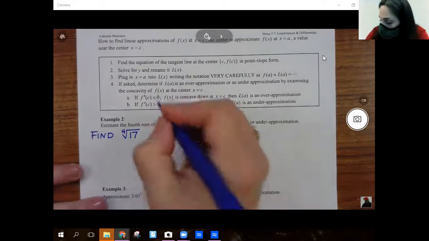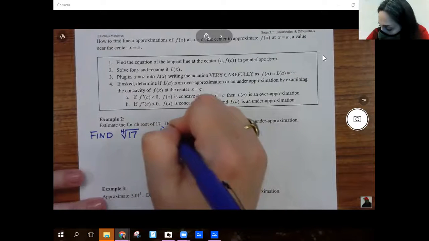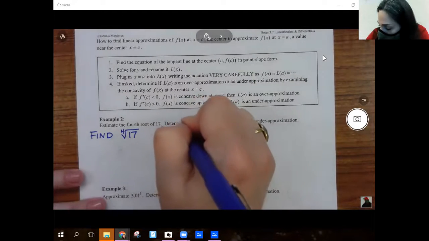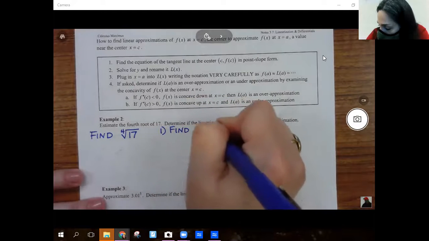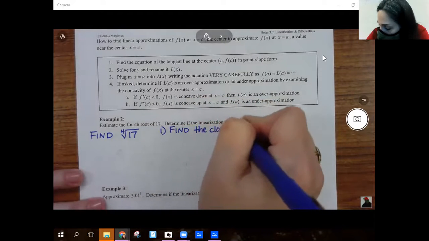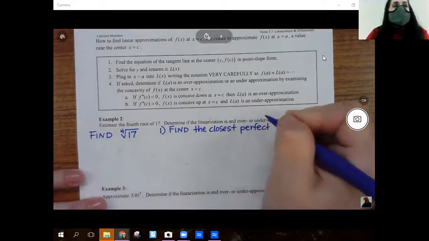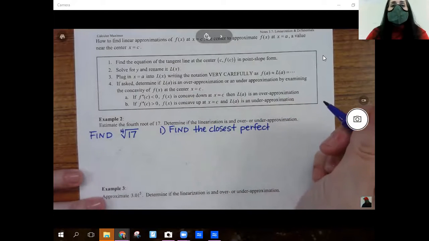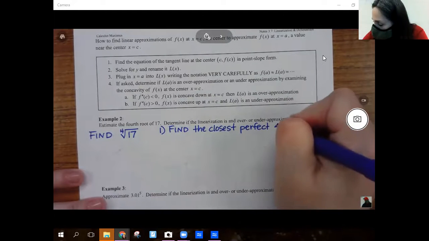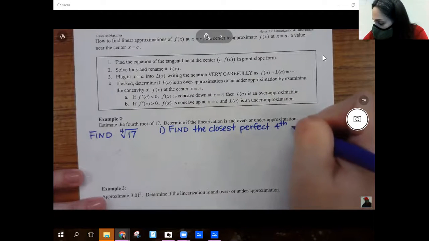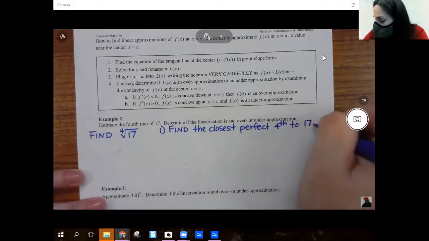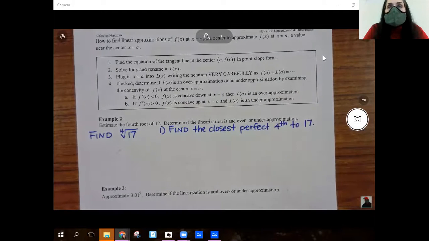So what you want to do first is find the closest perfect fourth to 17. So what would be the number that, when you take the fourth root of it, comes out to be a whole number?